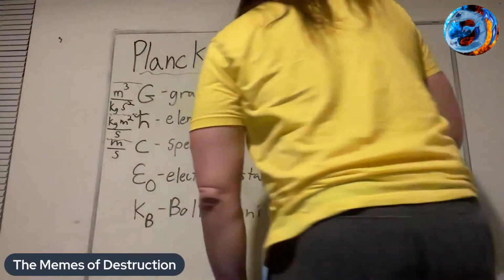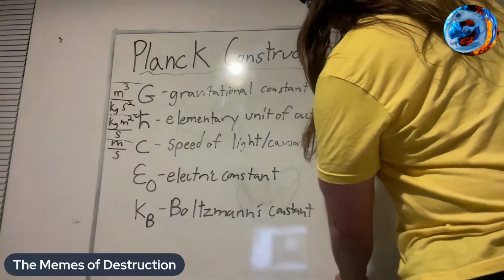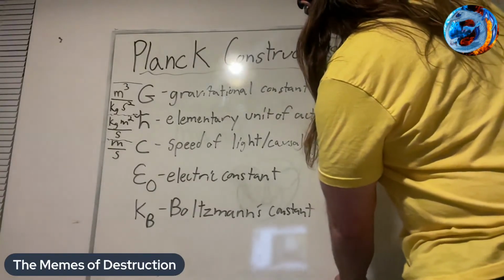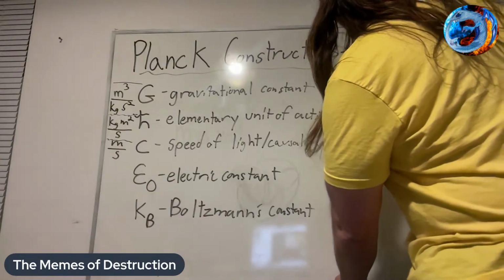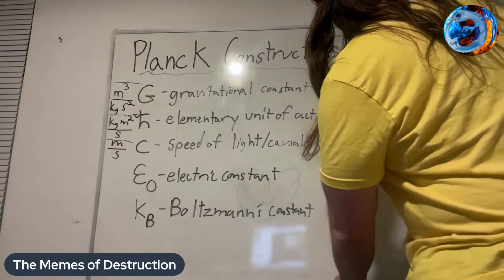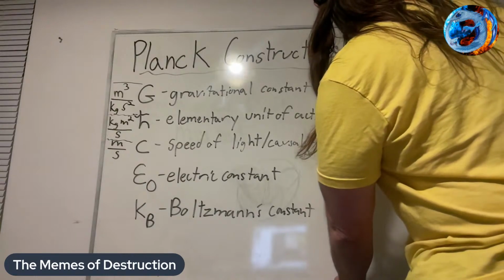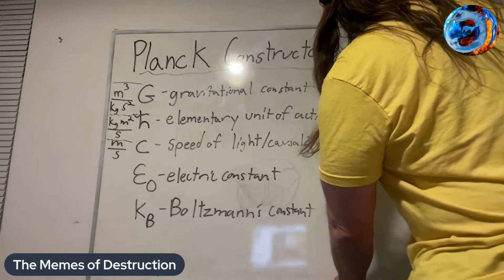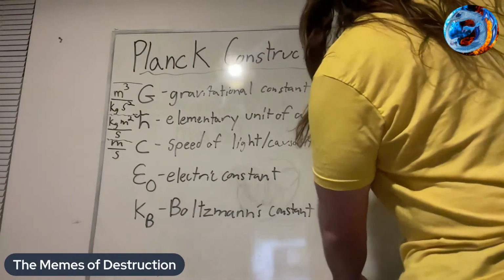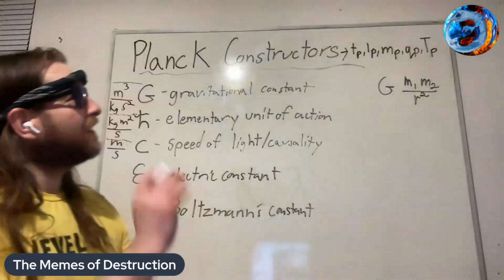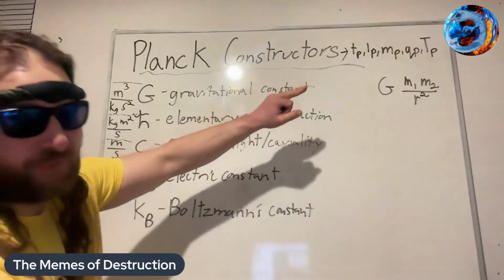You get the Planck time, t sub P, the Planck length, L sub P, the Planck mass, m sub P, the Planck charge, q sub P, and then the Planck temperature, big T sub P. The Planck temperature is huge. Okay, so basically from these 5 constants of nature, you can derive those 5 Planck units.